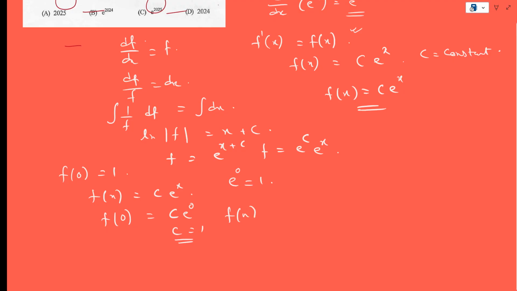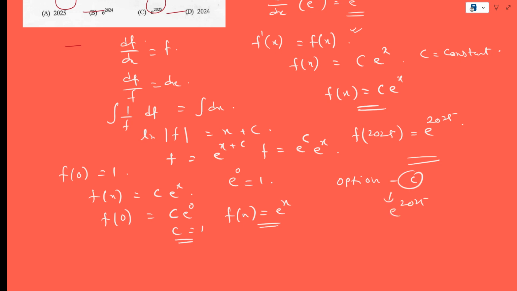Hence, f(x) is e to the power x. Now, simply substitute: f(2025) is equal to e to the power 2025. So what is the correct answer? The correct answer is option C, e to the power 2025.